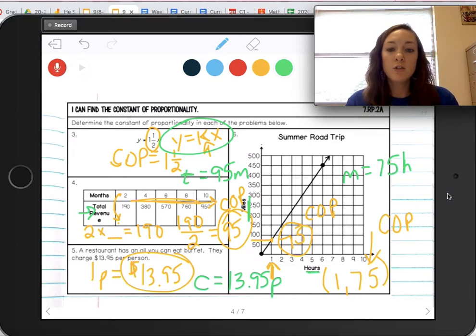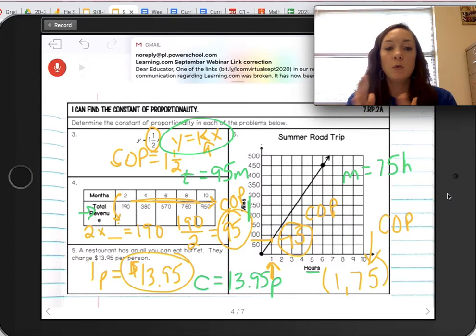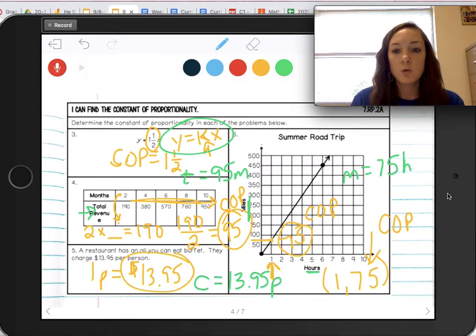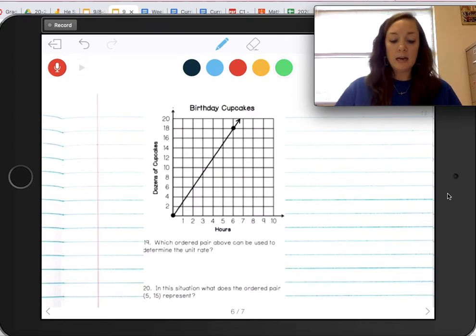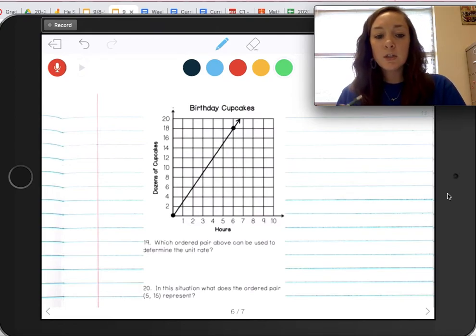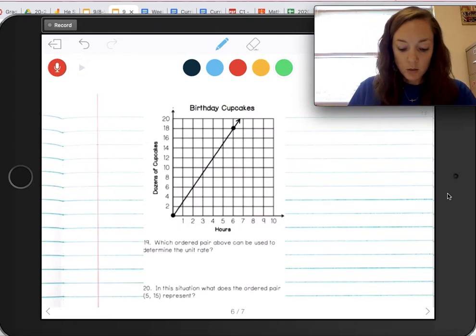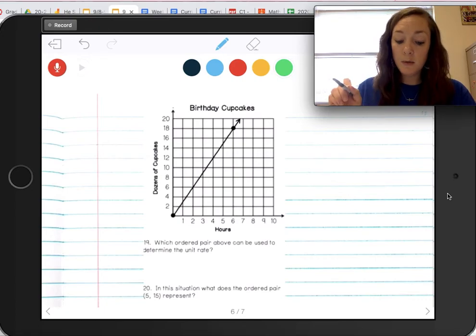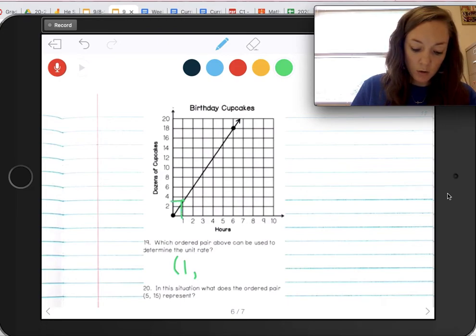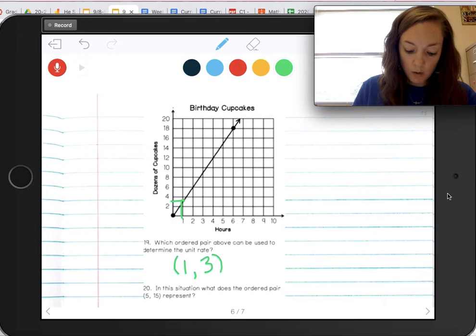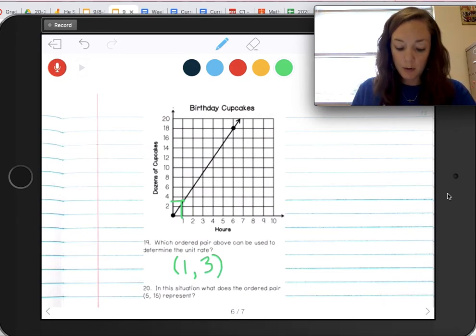So you may have a question where you're given a table or a graph, and you want to make sure that you can write an equation for that. And then the very last one, we're going to just make sure we can interpret a proportional graph. So which ordered pair can be used to determine the unit rate? Well, we know unit rate is COP, so we know that it's the amount for 1. So 1 going to go up, looks like on 3, so we're going to say 1, 3, where 3 is our COP.